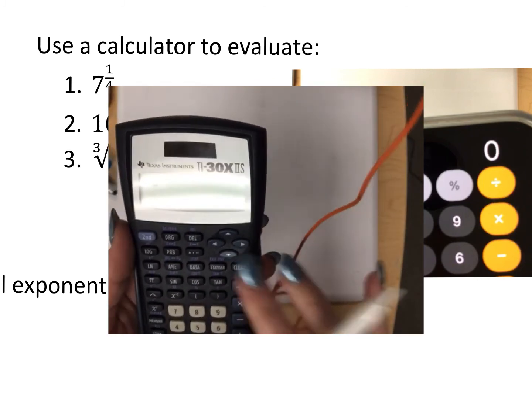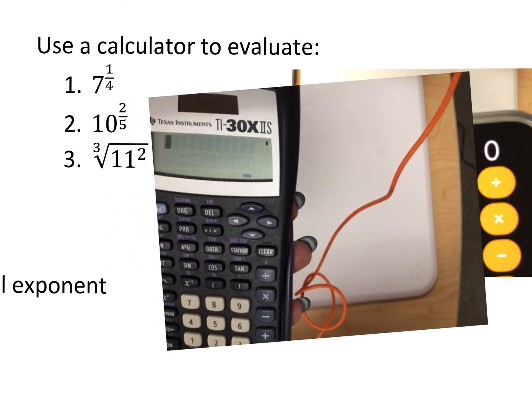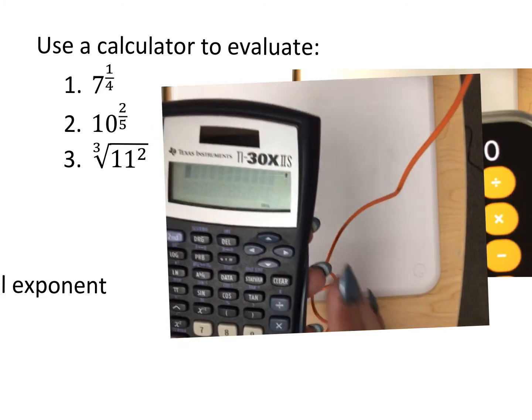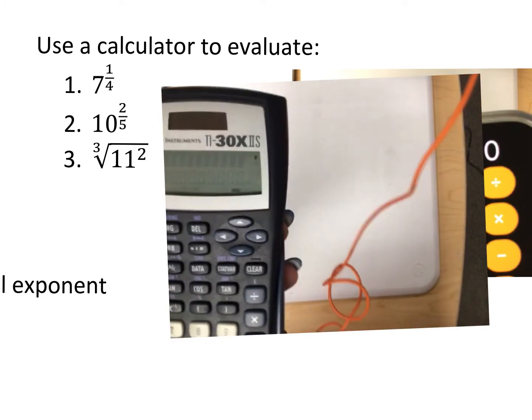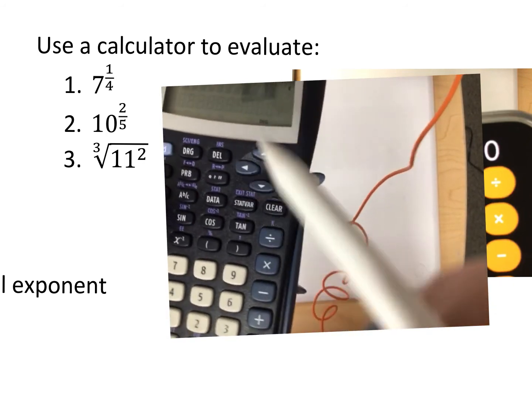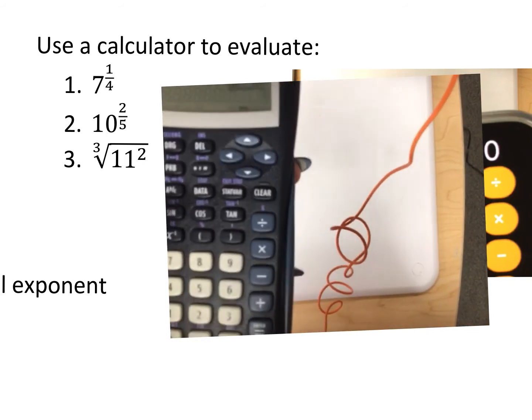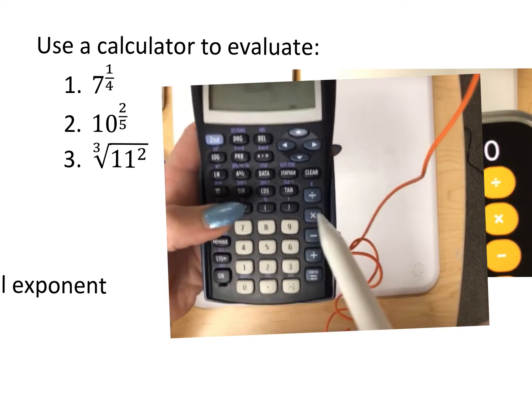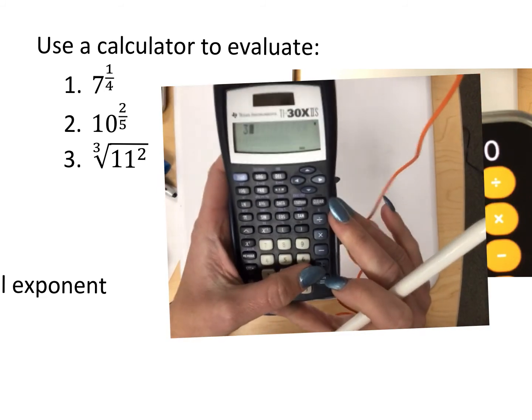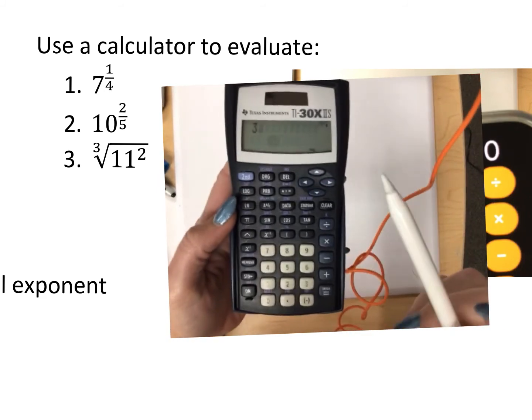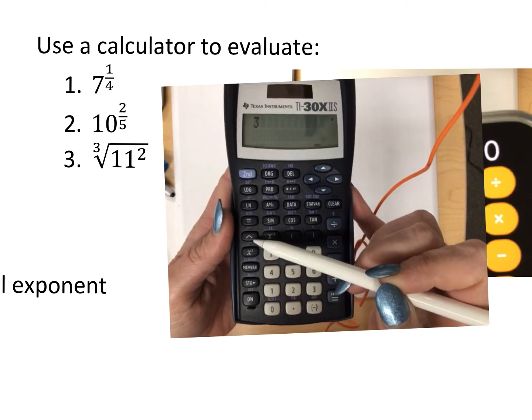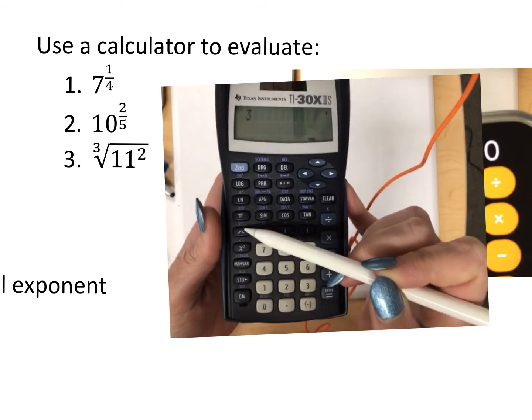Now, the other way, the radical. What if I want to do the cube root of 11 squared? In this calculator, pay attention because this calculator is different from the cell phone one. So in the calculators, you're going to type in the 3 for the root. Then above the exponent button, it says X root.